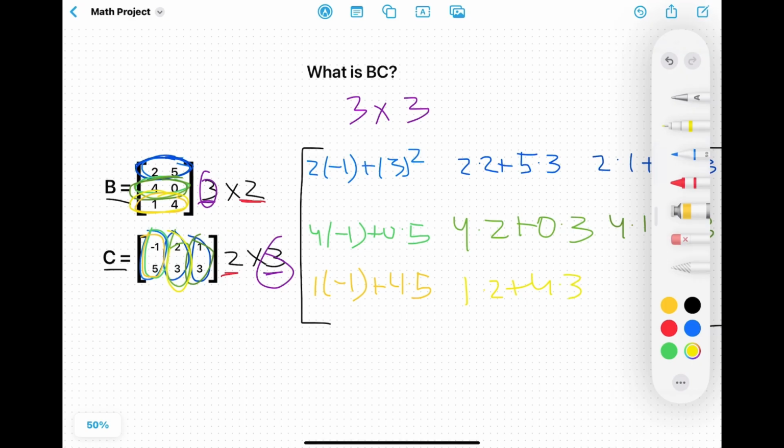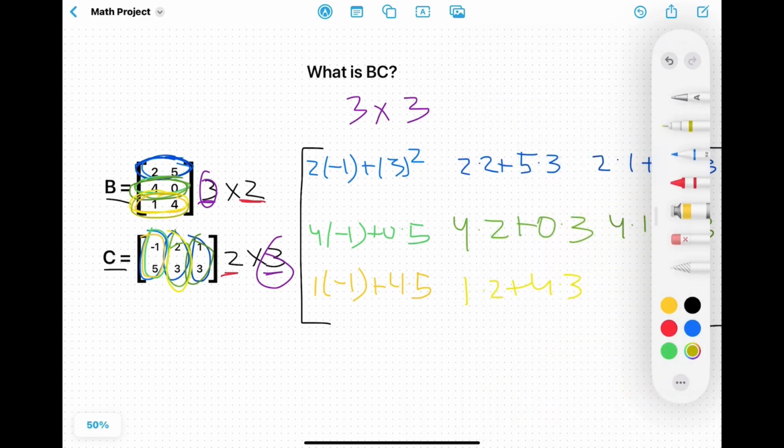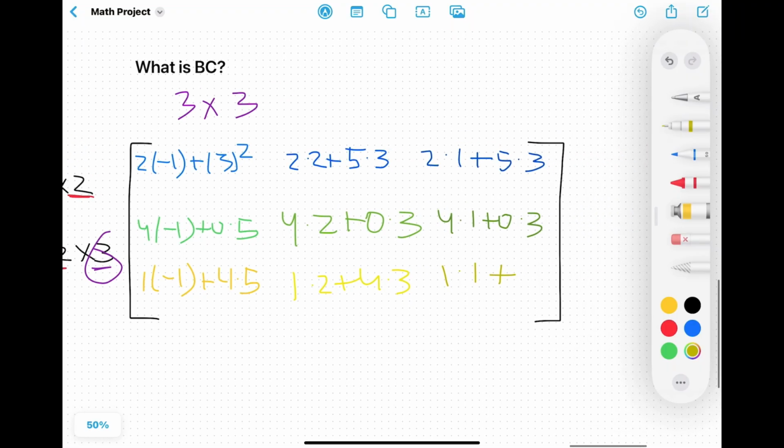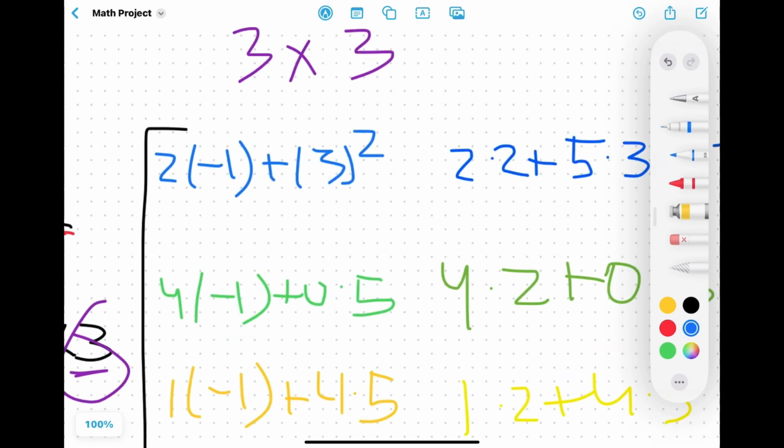The final corner, the third row times the third column, is 4, 1, and 3, 1. 1 times 1 plus 4 times 3.